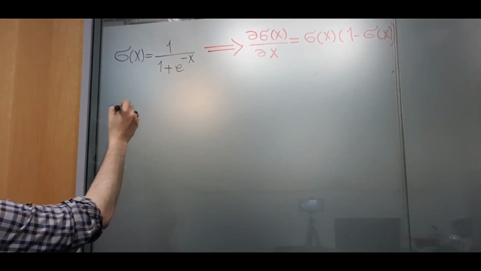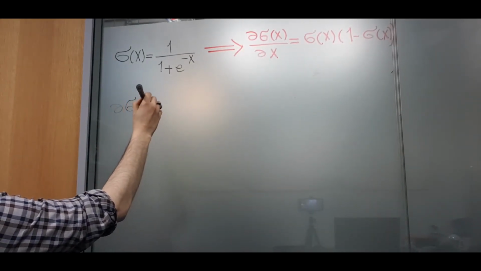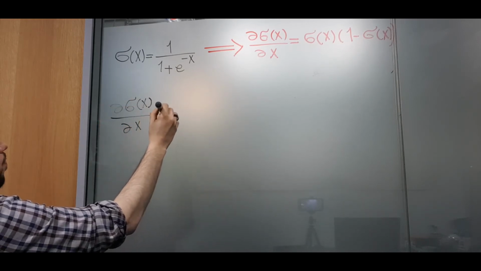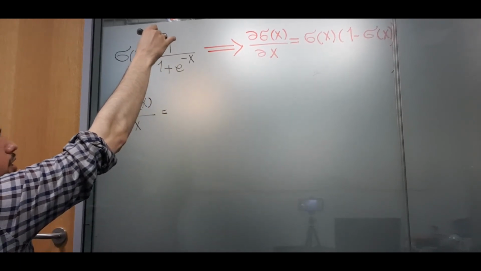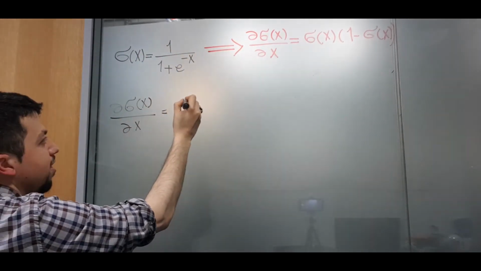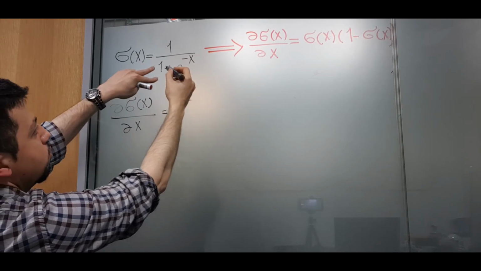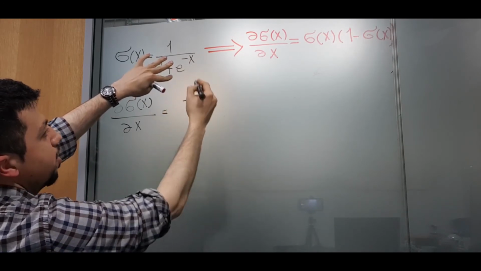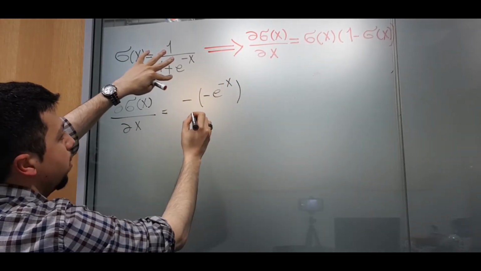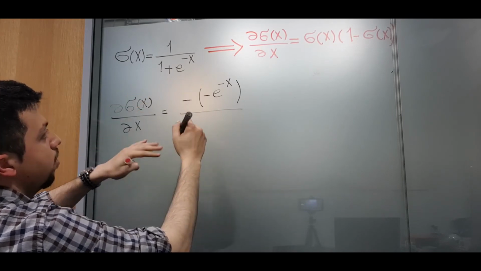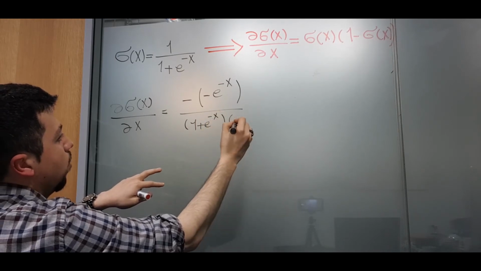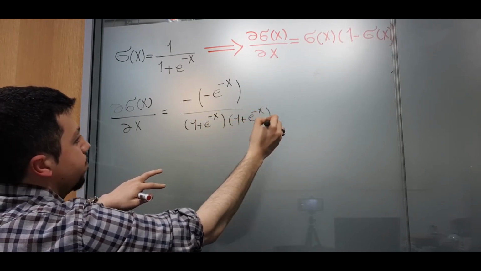So the partial derivative of sigmoid of x with respect to x: 0, the partial derivative of the numerator, multiplied by the entire denominator would be 0 multiplied by this, which cancels out, minus the partial derivative of this guy with respect to x, which would be minus e to the power minus x divided by the denominator squared, which is (1 plus e to the power minus x) again, 1 plus e to the power minus x, right?